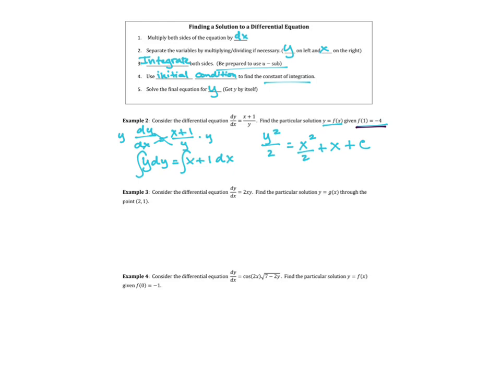So plugging in, we're going to go -4 for y equals 1 for x, and we get 8. 8 equals half plus 1 is 3/2 plus c. 8 minus 3/2.